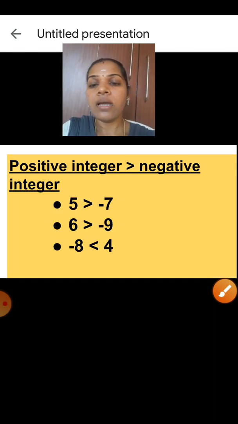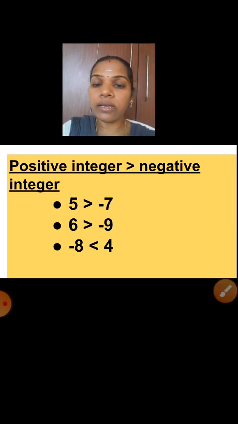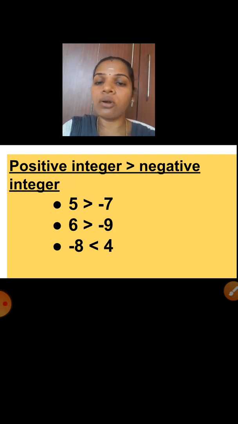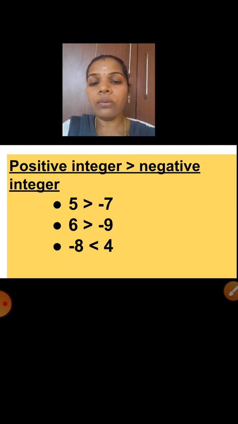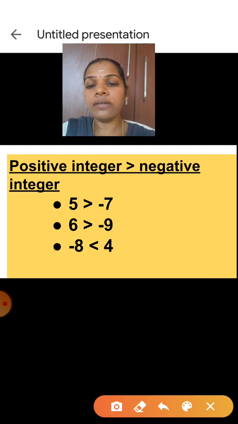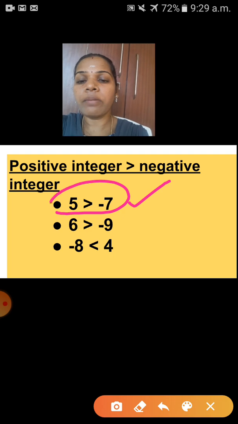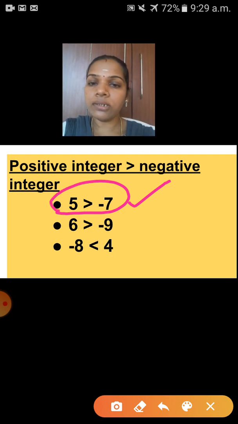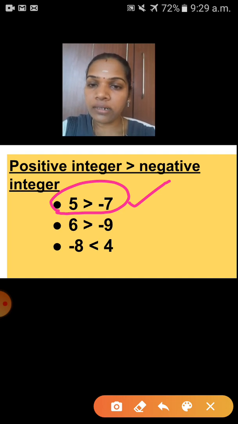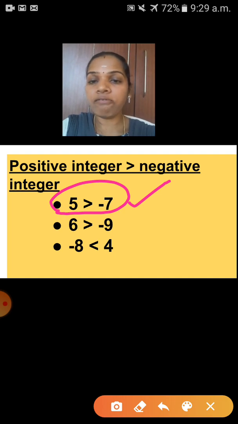Second point is, positive integers are greater than negative integers. Positive integers are always greater than negative integers. See here, children, 5 and minus 7. One is positive, another one is negative. So here, as I have already told, positive numbers are always greater than negative integers. So which one is the greater number? Yes, 5.